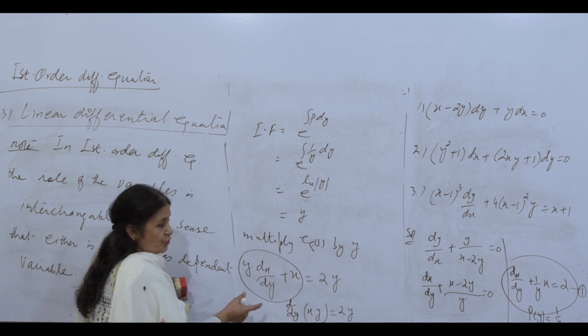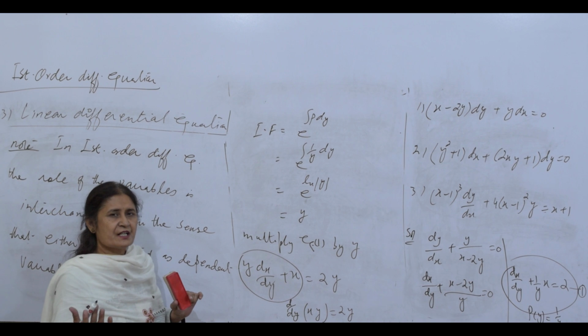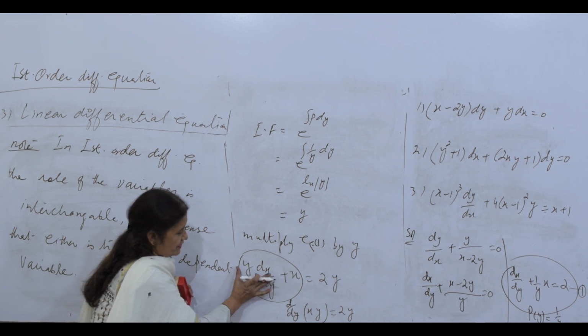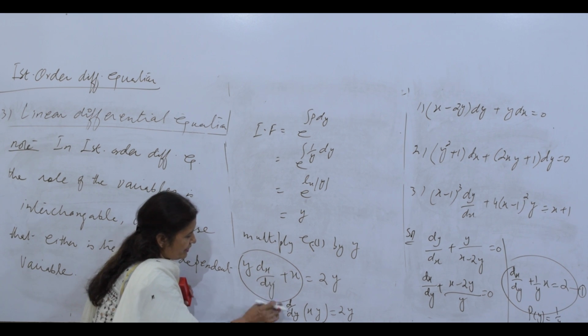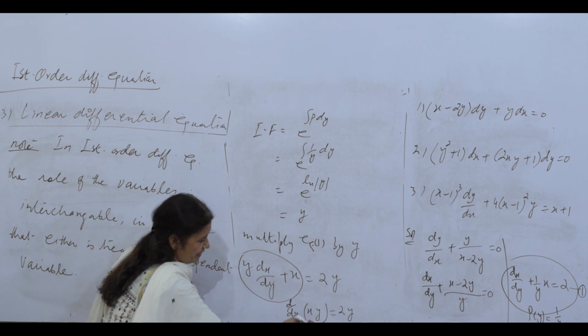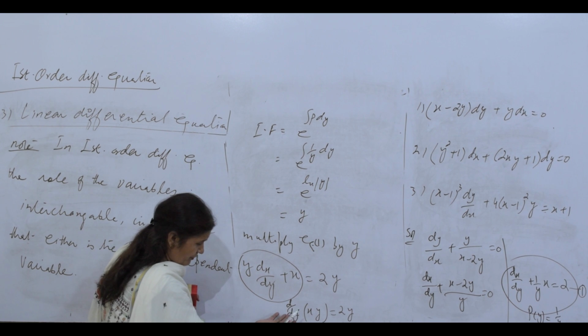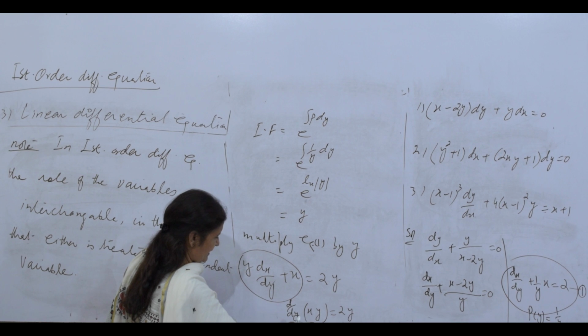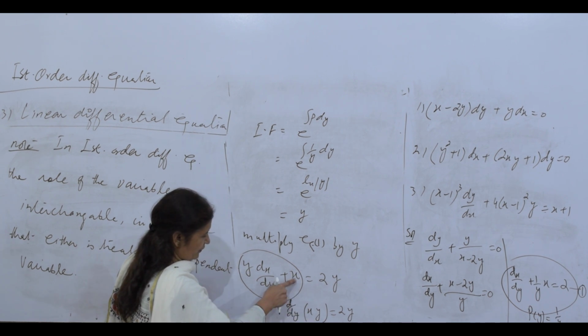Look at that. If you are writing the left hand side as a derivative of a product, the key idea is looking at this first term. d by dy is taken out, inside this is x times y. If you have the product rule, dx by dy and y as it is, plus x as it is times derivative of y with respect to y, which is 1.